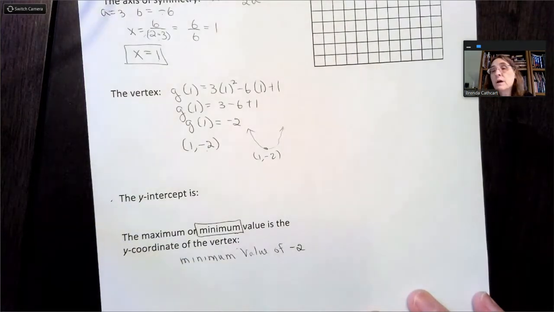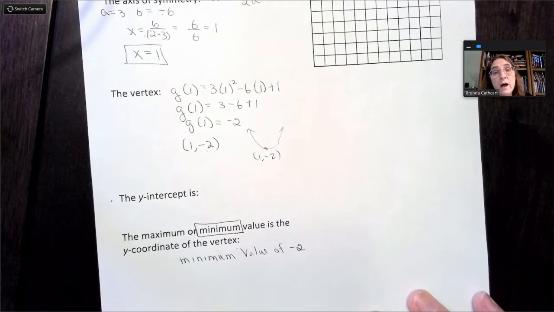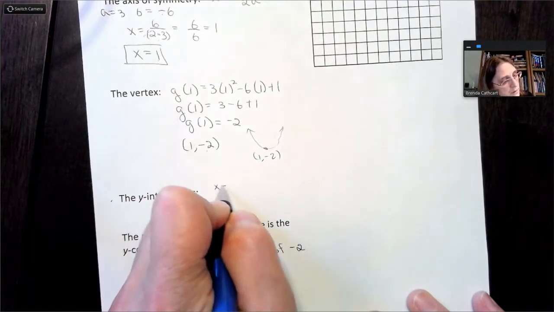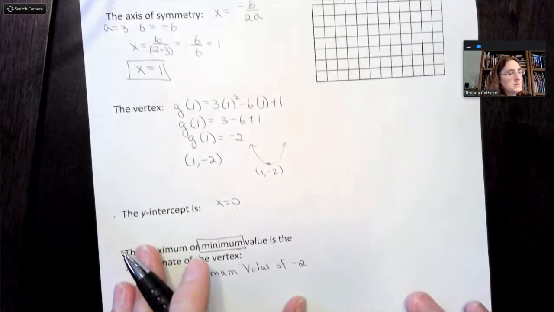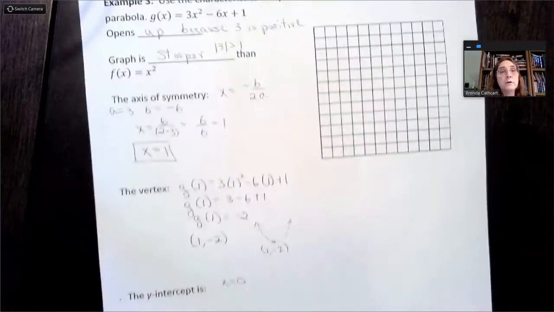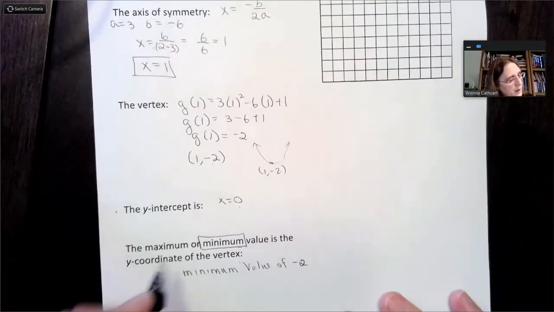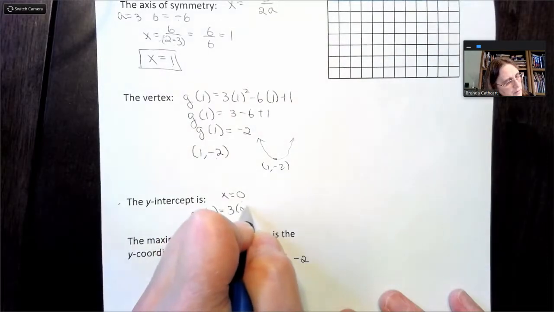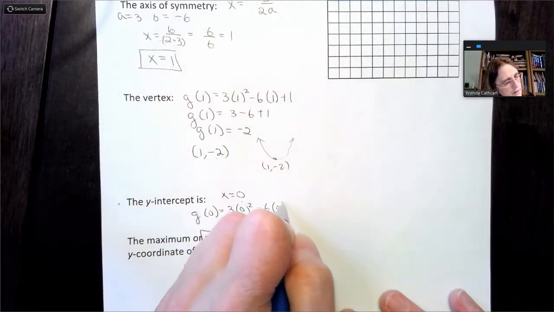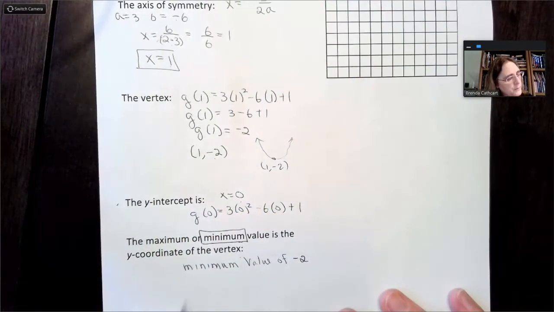Okay, last, let's go back and find our y-intercept. Remember, our y-intercept is the value of y, or the value of our function, when x is 0. So I want to use x equals 0 to find my y-intercept. I'm going to put x equals 0 into my function. I have g of 0 equals 3 times 0 squared minus 6 times 0 plus 1.